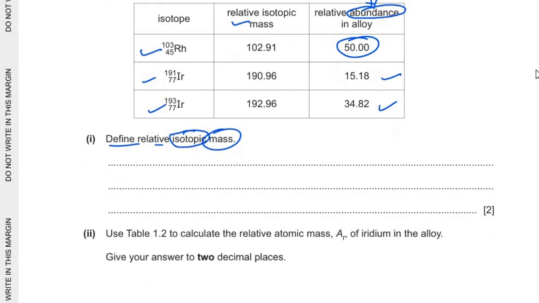Now we need to understand that it is relative isotopic mass. So how are we going to define it?